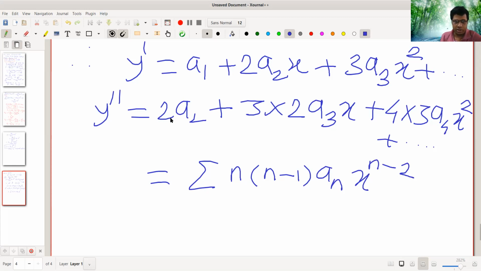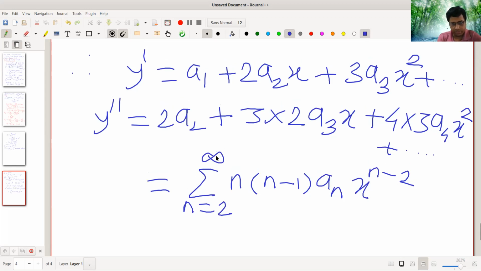In the first term we have 2 into 1, so n should start from 2. n is 2 to infinity.